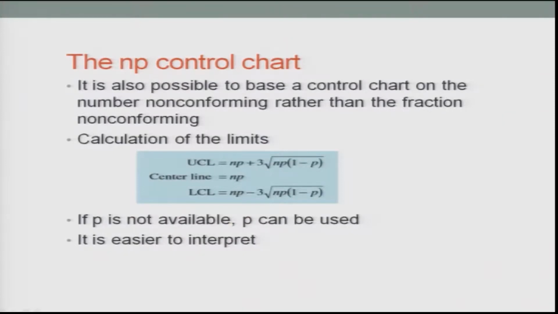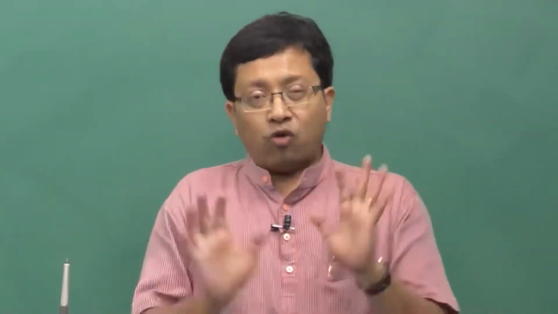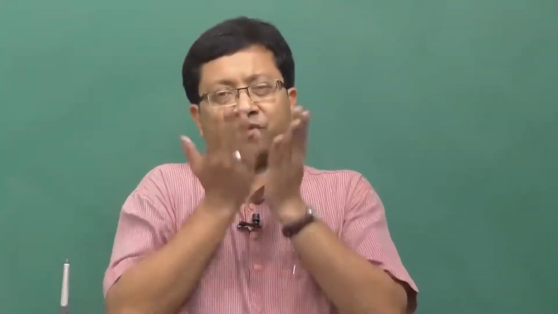We will now discuss, and please pay attention to, the NP charts. It is also possible to build a central line, upper control line and lower control line based on the number of non-conforming. Till now we have worked with proportions, meaning probability, relative frequency, chance.